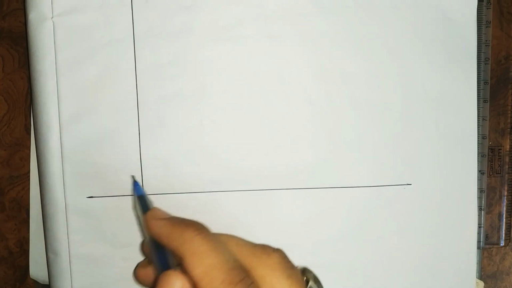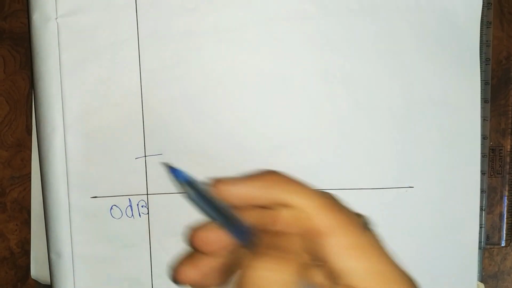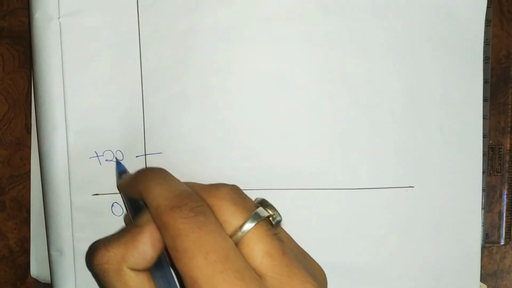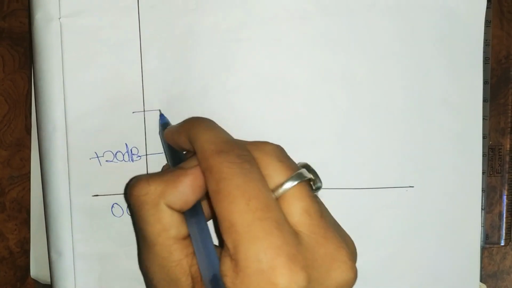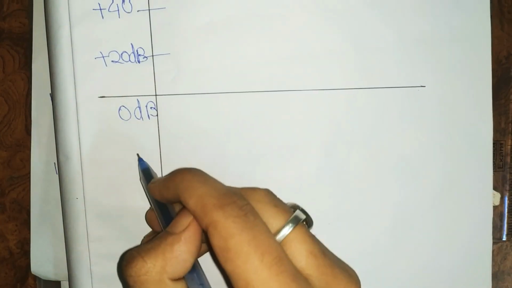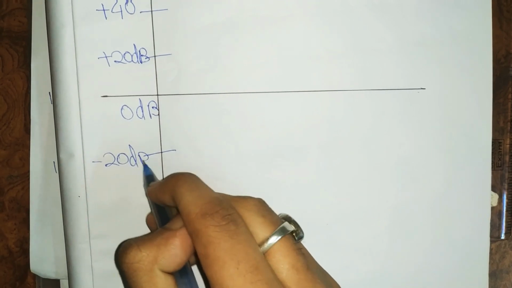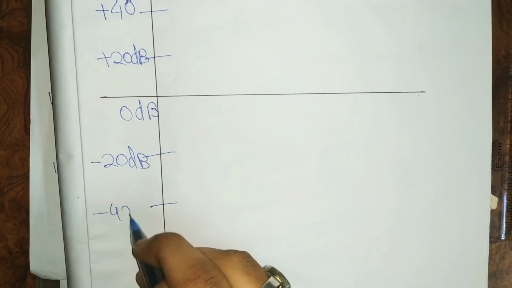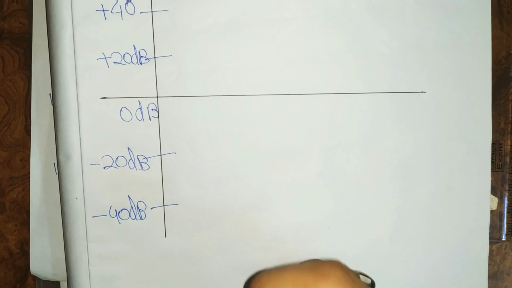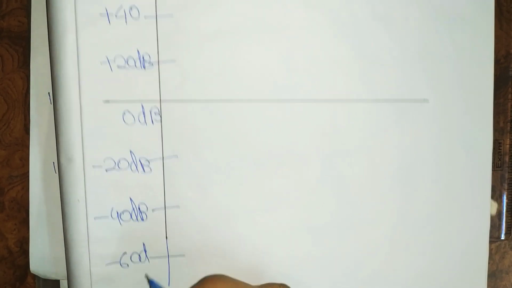Here I am going to write 0 dB, this is plus 20 dB, this is plus 40 dB, and this is plus 60. Like this you have to write, and this is minus 20 dB, minus 40 dB, and this will become minus 60 dB.